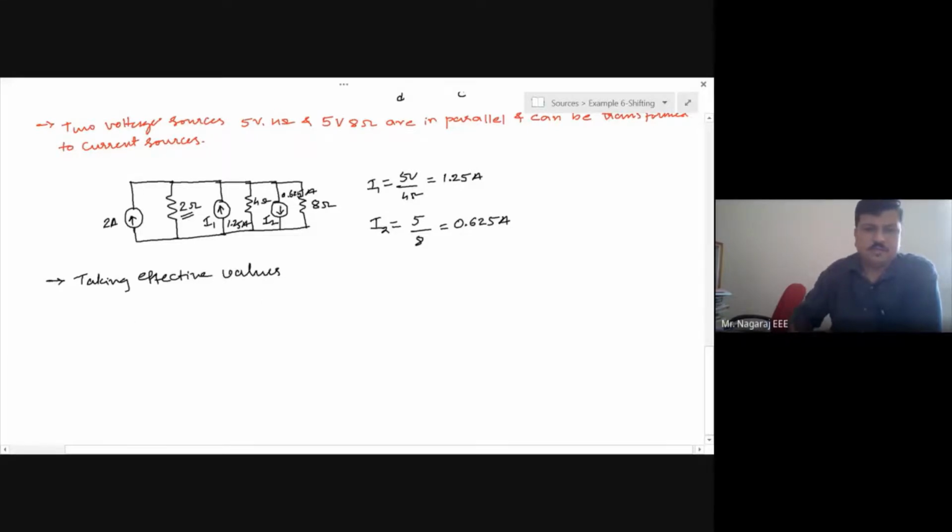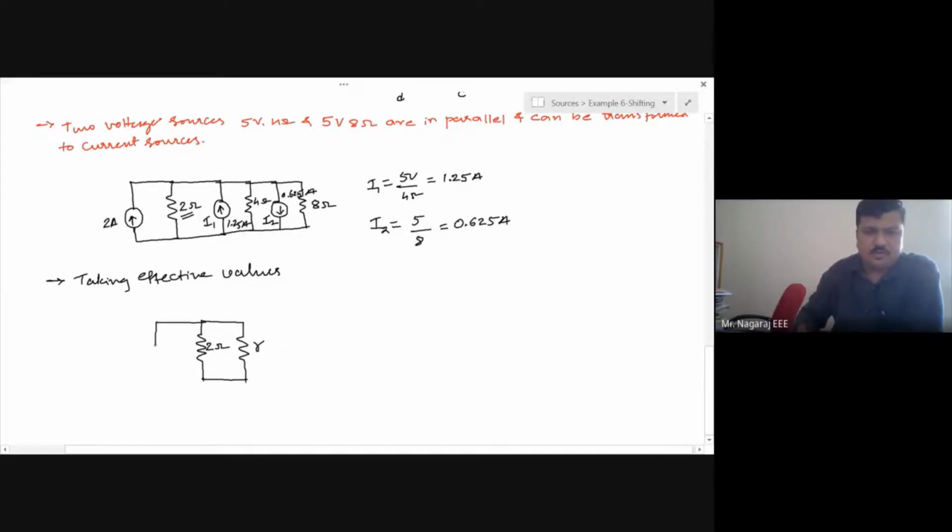I won't do any operation on 2 ohms. The other resistor, let me call it R.